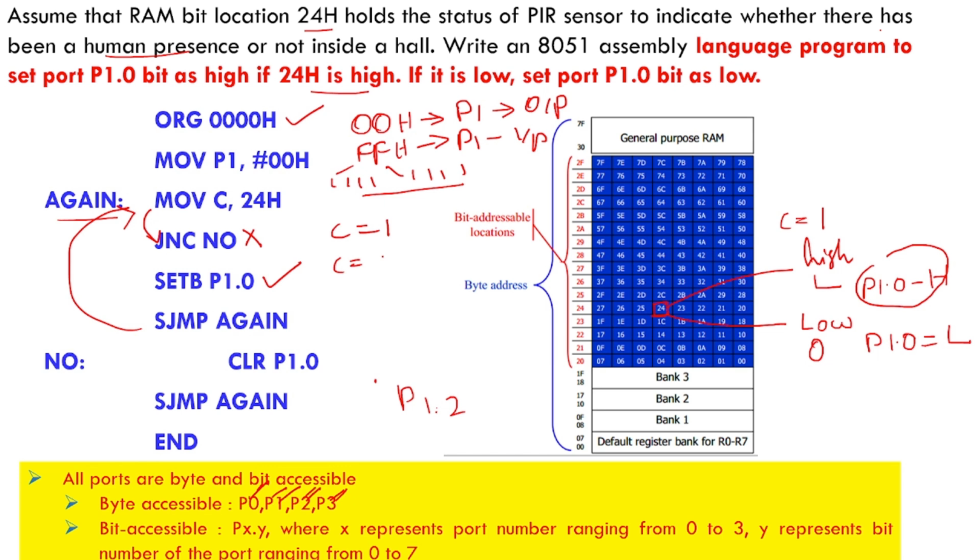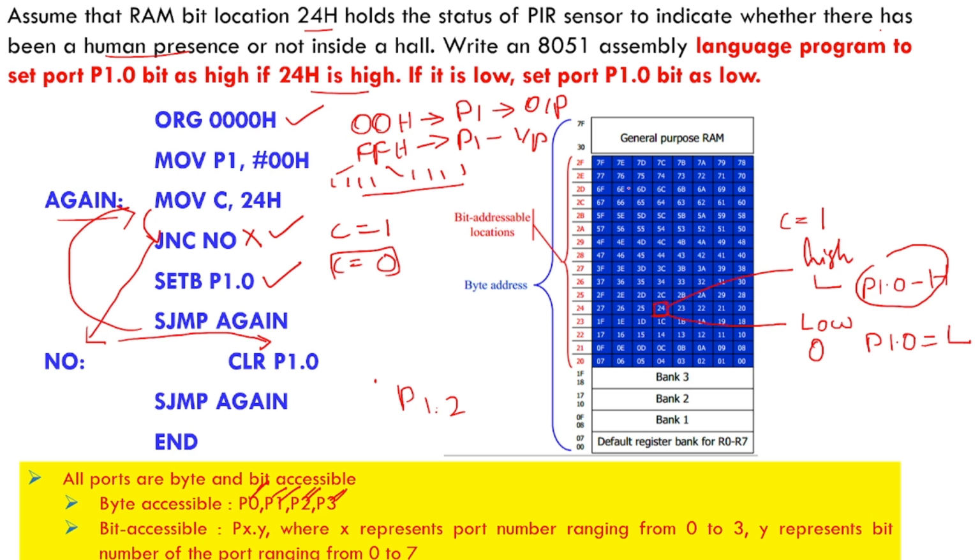If I am giving 0, just assuming, what happens now? This will execute. So jump if there is no carry, so no carry, right? It will go to the no label and execute this. Why do you need to clear?